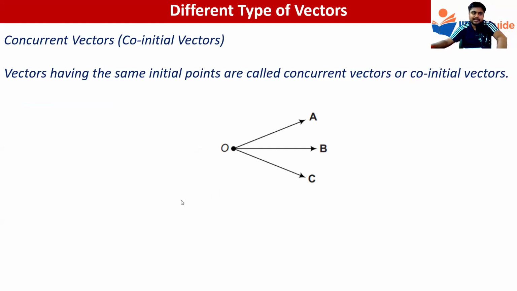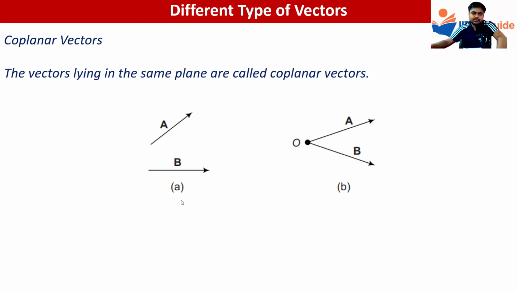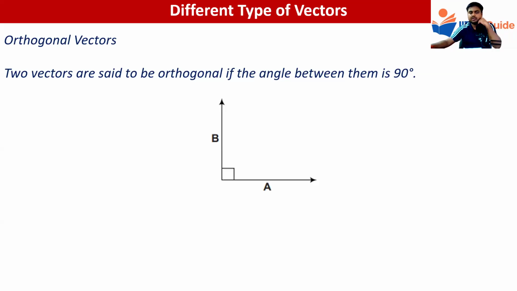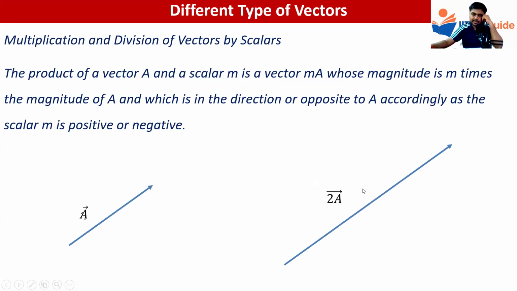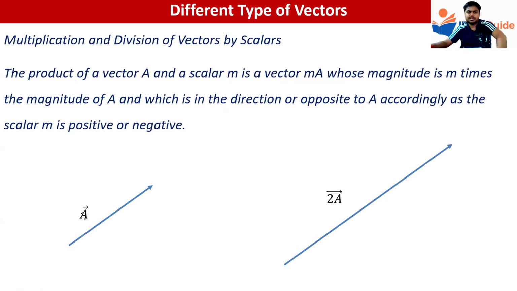Coplanar: lying in the same plane. Orthogonal: 90 degrees, or perpendicular vectors. Now, multiplication and division of vectors by scalars. If we have a, then 2a will be just multiplying the magnitude by 2. Okay, so this is first pivot.